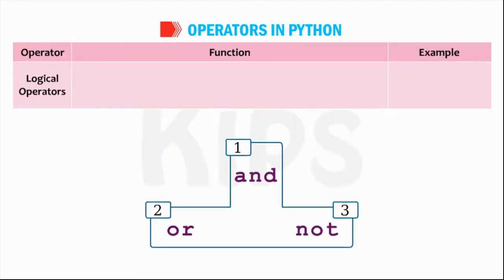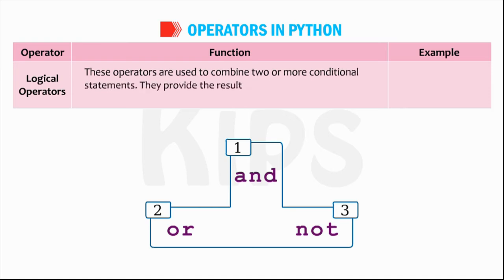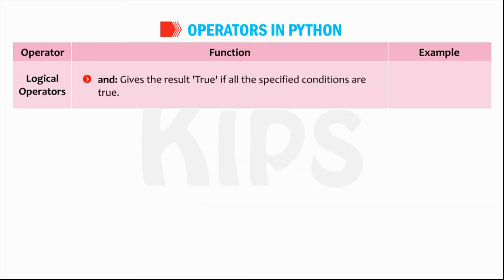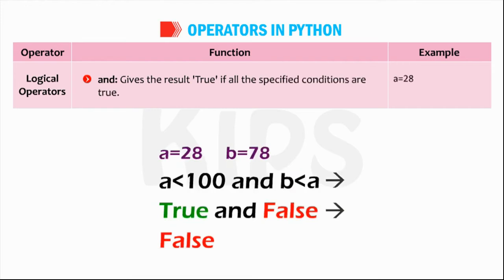Operator: logical operators. Function: these operators are used to combine two or more conditional statements. They provide the result in the form of true or false. These are of three types. AND gives the result true if all the specified conditions are true. A equals 28, B equals 78.